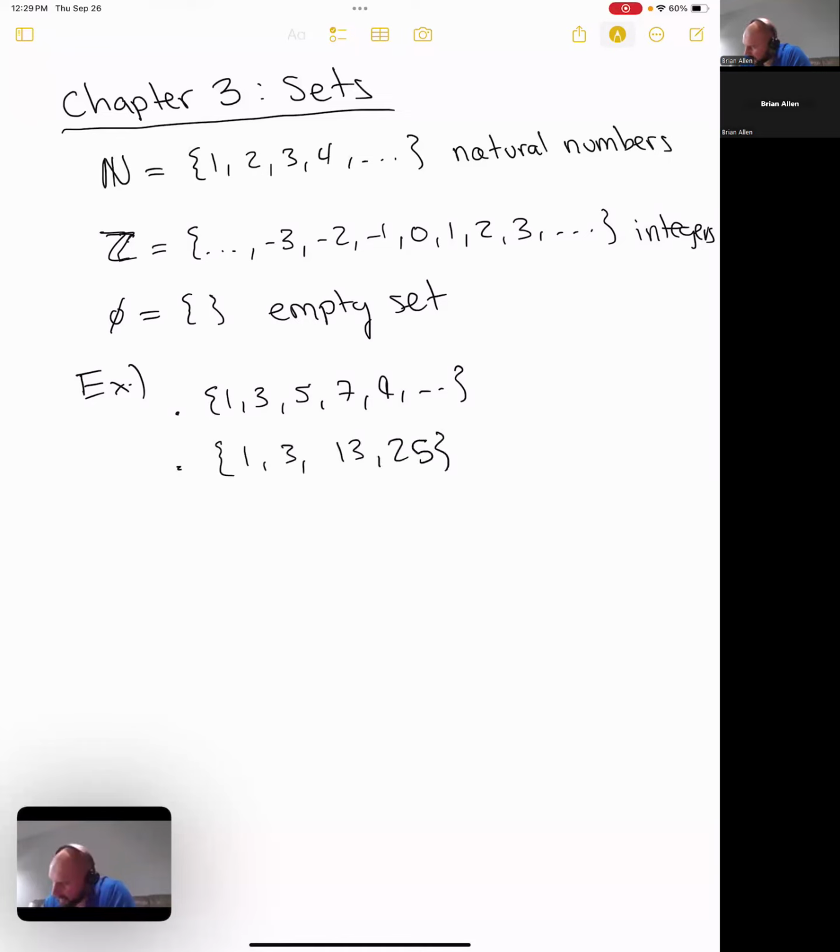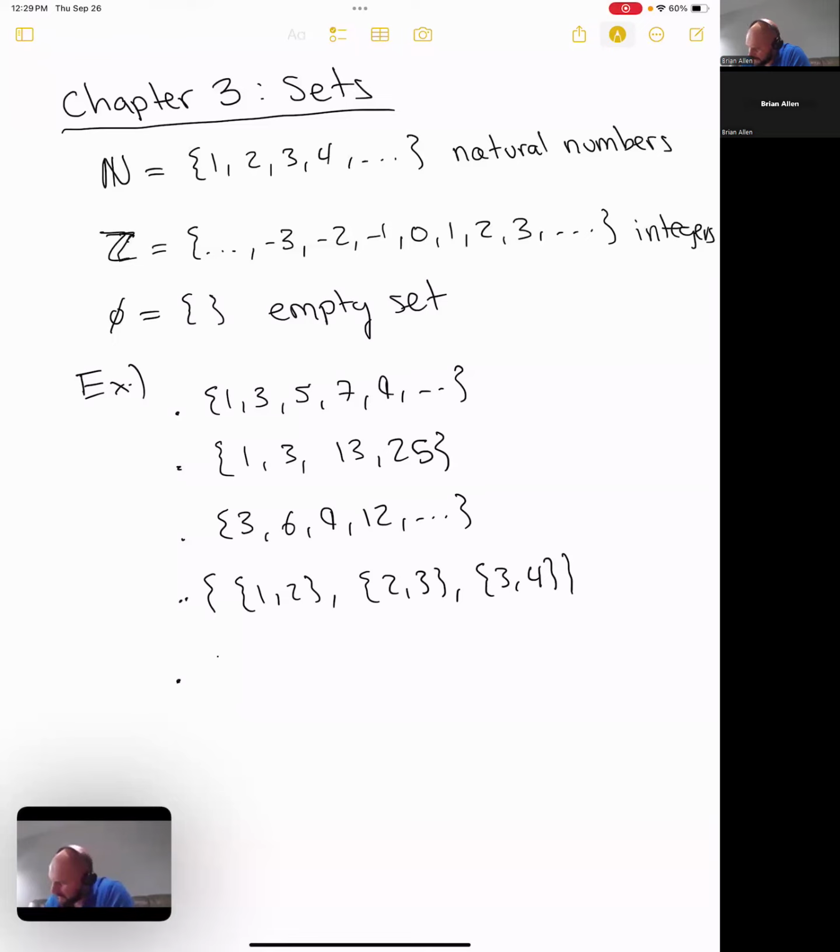This has 4 elements in it. Could be like multiples of 3. And a set could be a collection of sets itself. So it could be like the set containing the set 1, 2, the set 2, 3, and the set 3, 4.